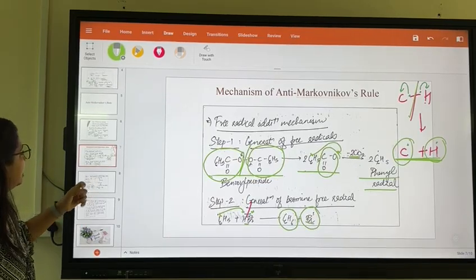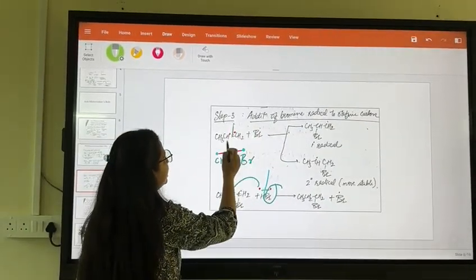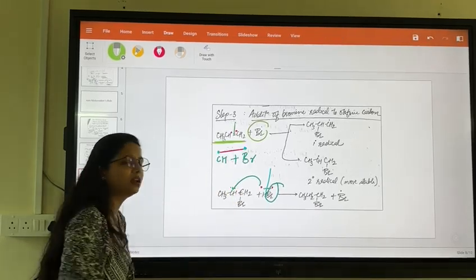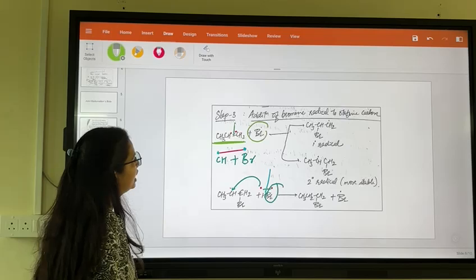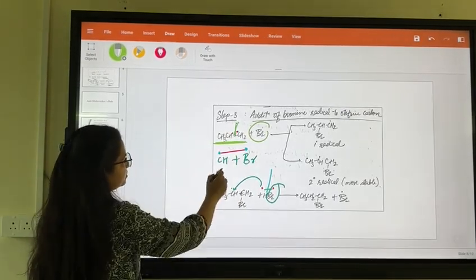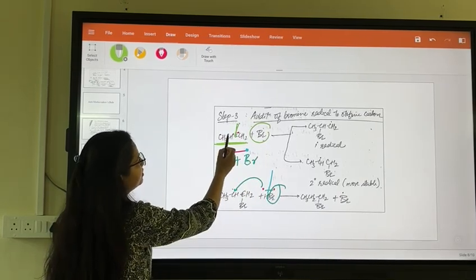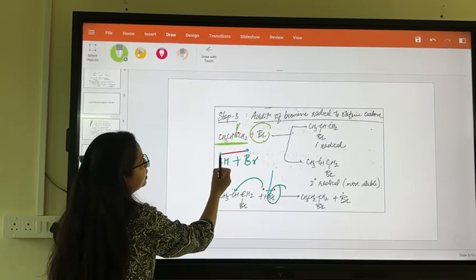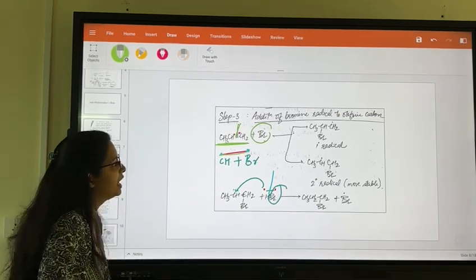Coming to the next step, where this generated radical will react with your starting material, which is nothing but your asymmetrical alkene, and as you can see, there will be breakage of double bond, and this bromine will form a bond with, as you can see over here, the carbon.